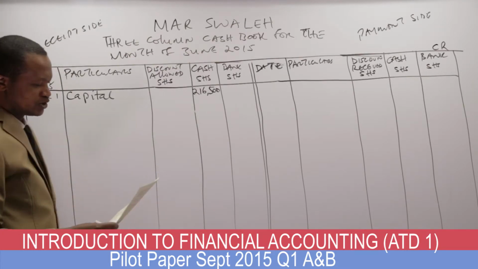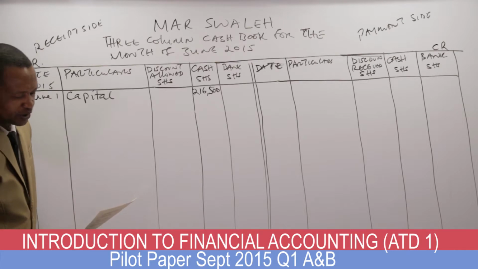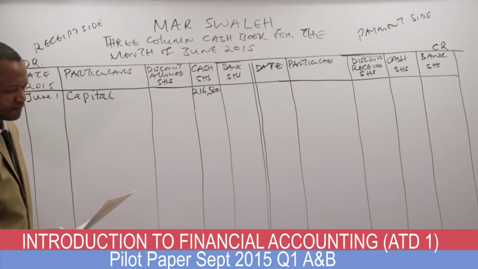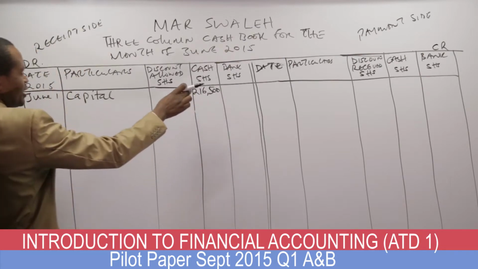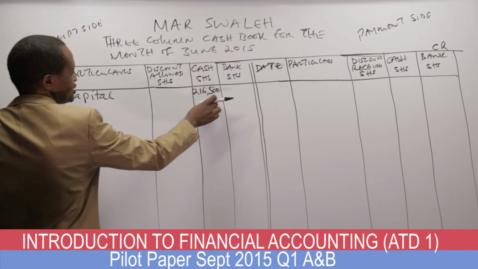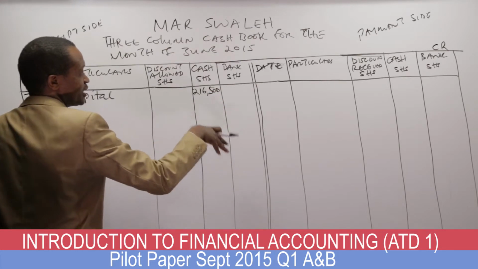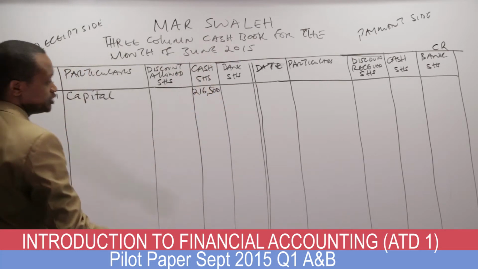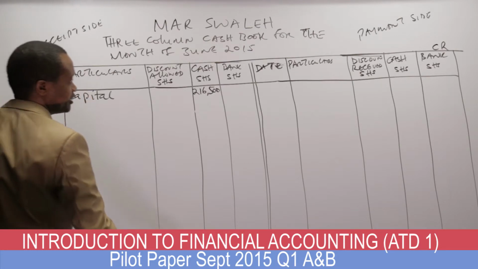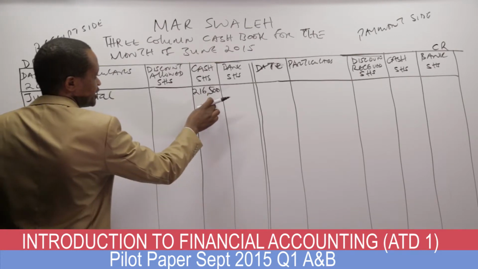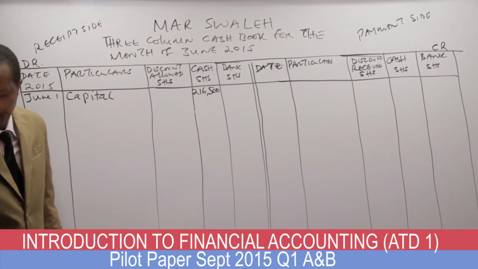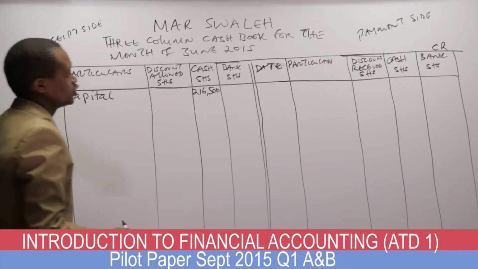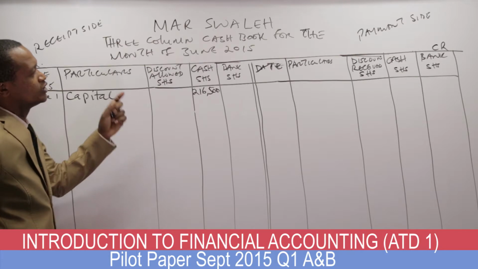Then on second, we are told he opened a bank account depositing 168,000. Remember, at this point Mark Swale has 216,500 shillings in his business, in the drawer where he keeps cash, in the safe. Opened a bank account means that he took money from the business to the bank.